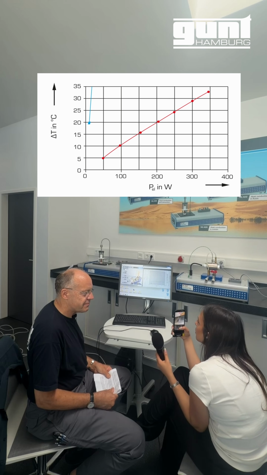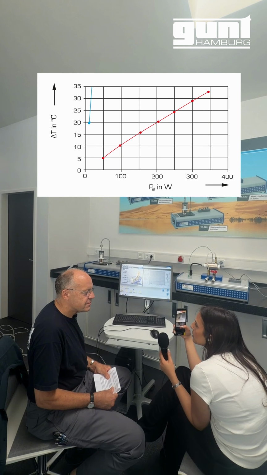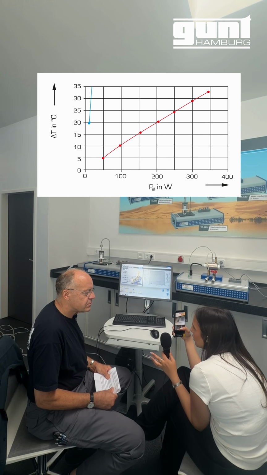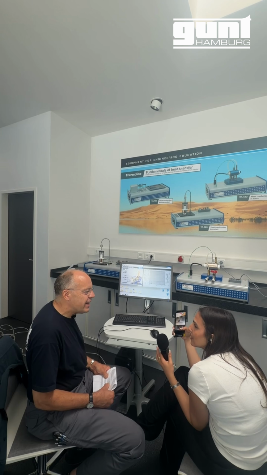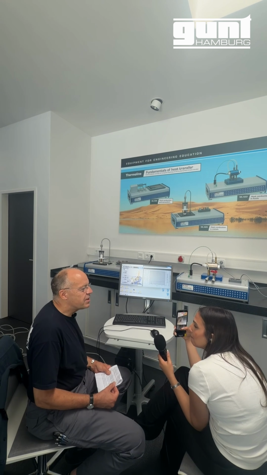So that's what they use for the insulation jackets for winter? We do not calculate the jacket, but we calculate the rate of heat transfer. And that is used in many applications.